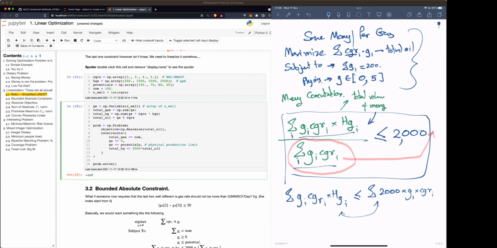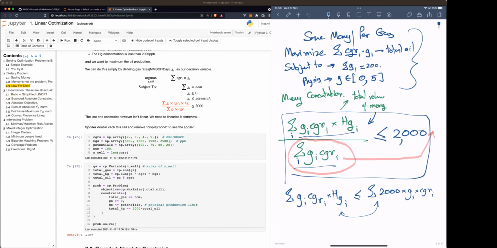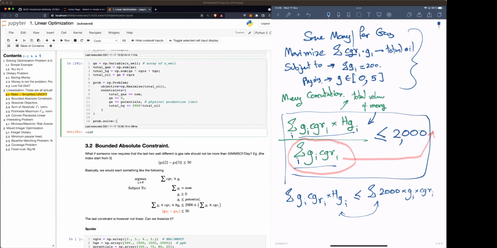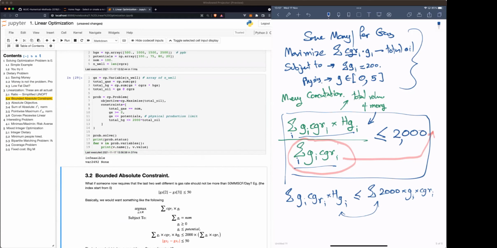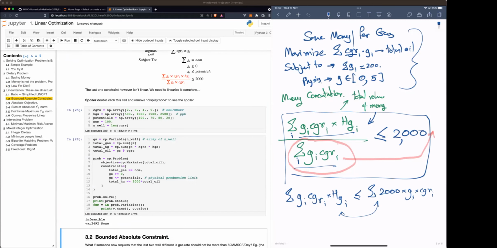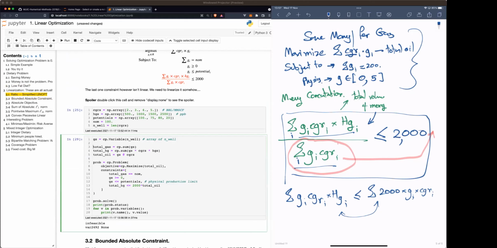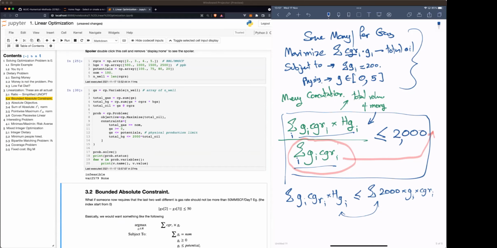Throw up something. Infeasible, okay, that's new.